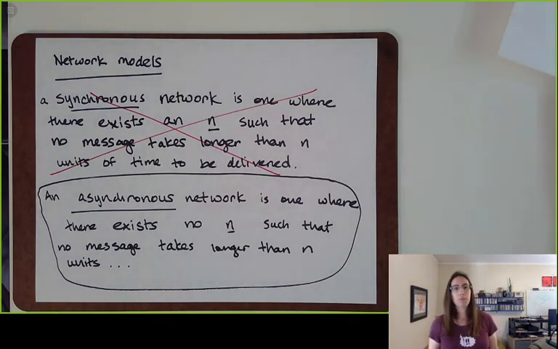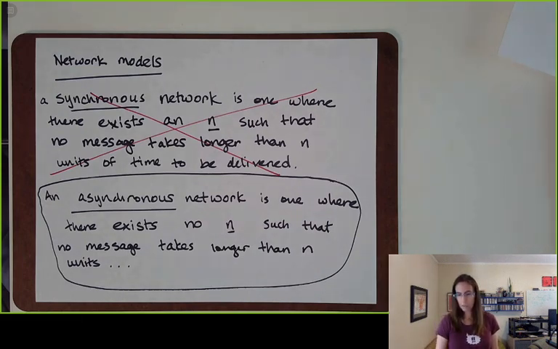And I'm using this word protocol. By that, I just mean a set of rules that computers use to communicate with each other. So if you want to make sure to implement a robust protocol, you're going to pick the network model that is the least forgiving, right? Because you want to make sure that your protocol works even under the worst conditions. So you're going to pick the asynchronous network model.